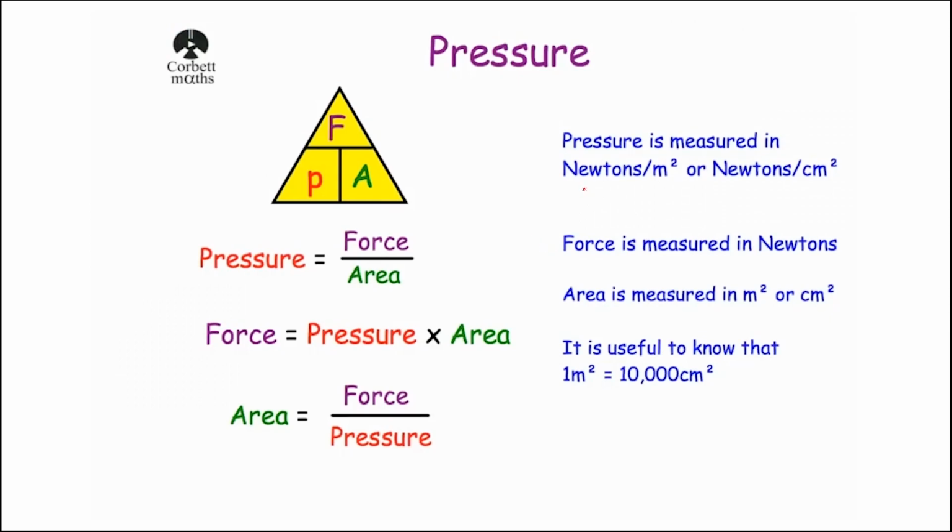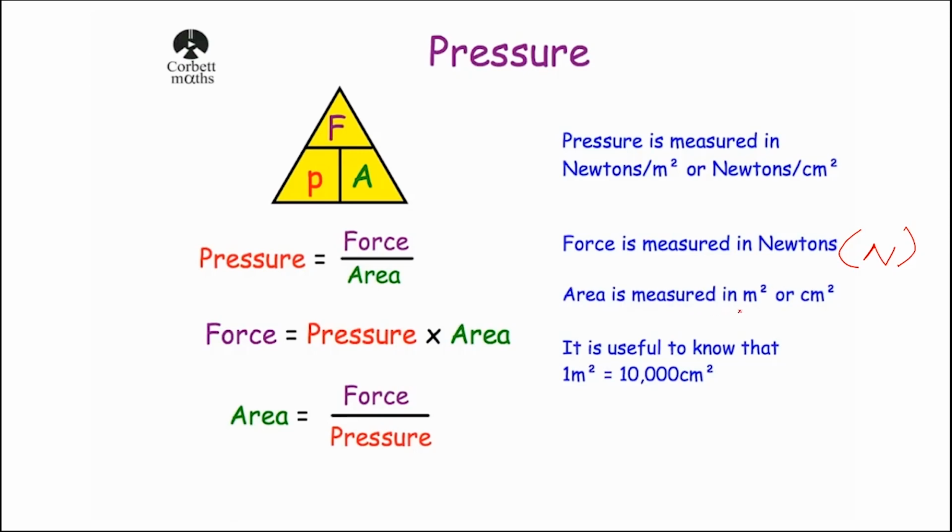You already know the unit for pressure. It is measured in newtons per meter square or newtons per centimeter square. It depends on what is given in the question. Then force is measured in newtons, so the unit of force is newtons and can also be represented by capital N. Then next is area.